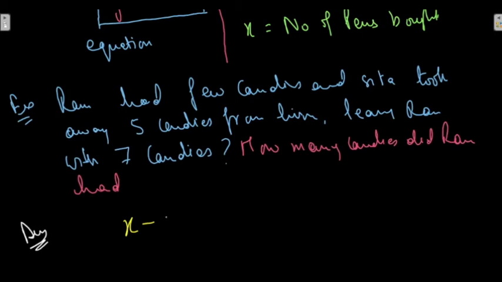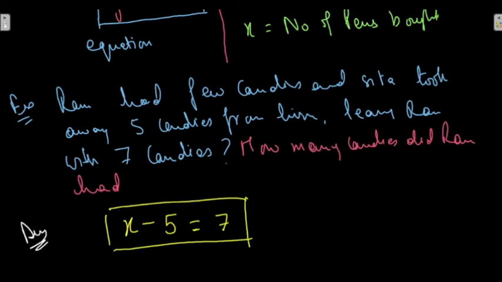So we subtract 5. She took away 5 candies, so we subtract 5 from it. Then we say that leaving Ram with 7 candies. So what does it mean? It means that now Ram is left with 7 candies. So this entire 4-line question we have actually reduced to one statement, which we call an equation.